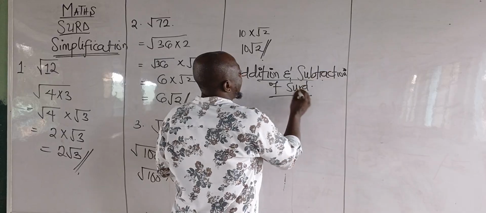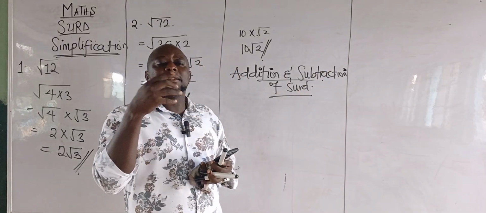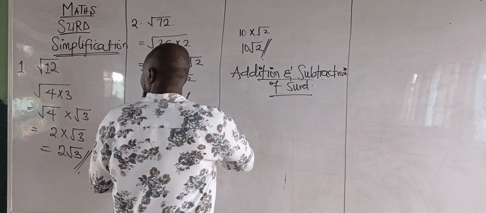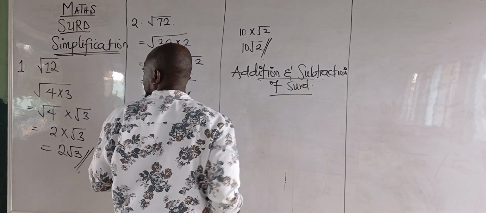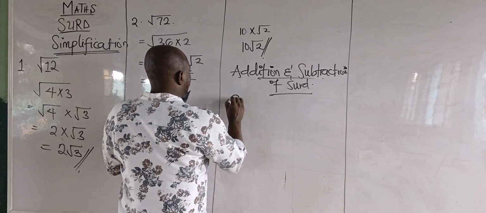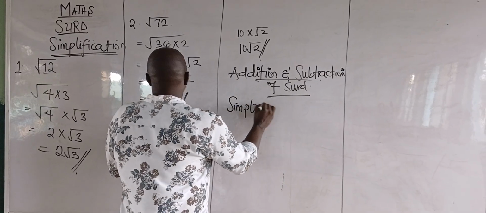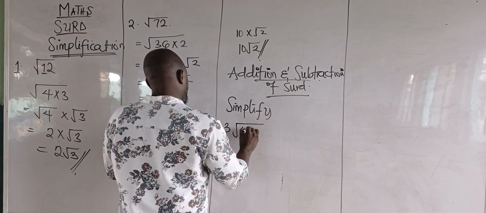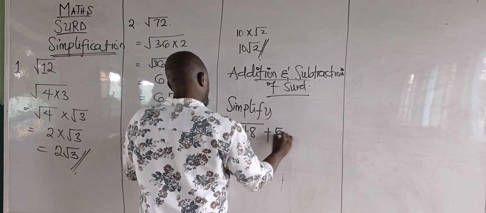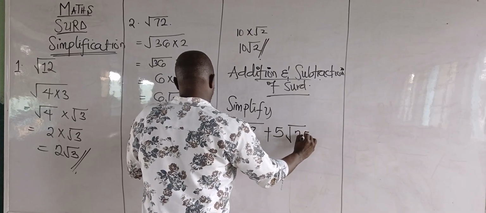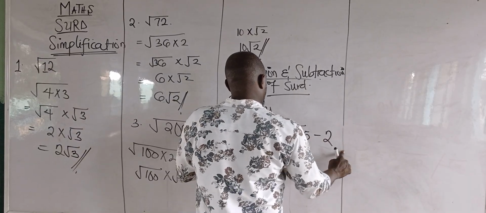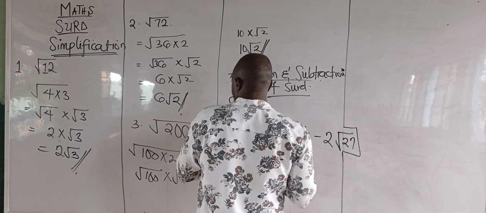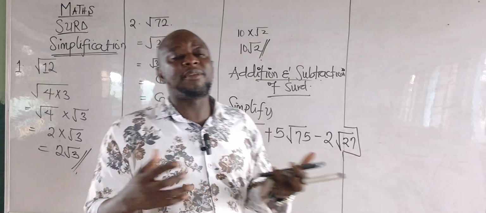So this is where we combine 2 signs together. So first, we have this on the list. We're asked to simplify this.